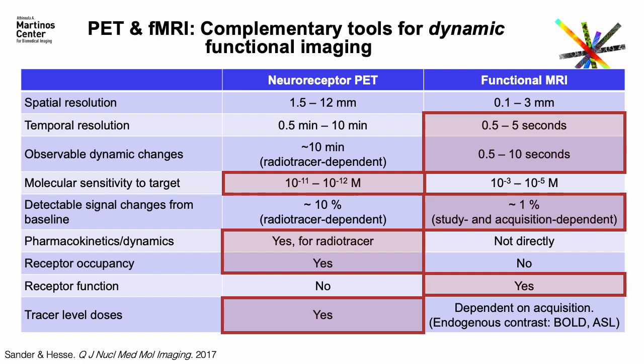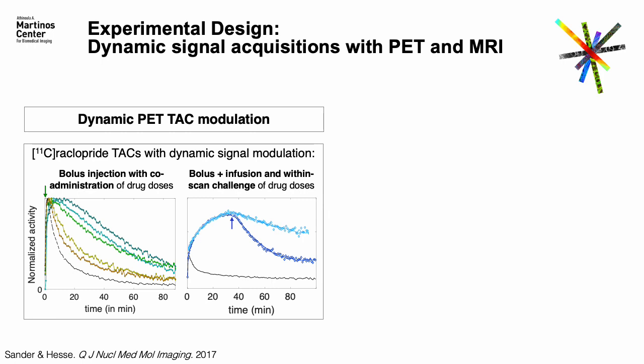When doing combined PET and fMRI experiments, it's really important to consider experimental design, and especially when it comes to dynamic signal acquisitions. There are various ways to do interventions when it comes to PET imaging. A traditional way to do a challenge is to use a bolus injection with a co-administration of other drug doses, or a two bolus design.